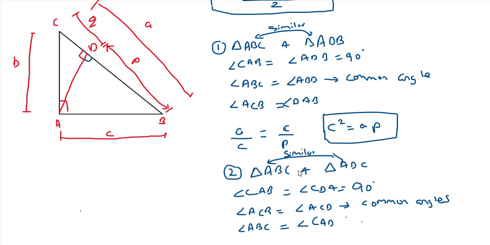Now for two similar triangles, we can again take the ratio of the proportional sides. Let me write it down over here. The sides opposite to the equal angles will be proportional.